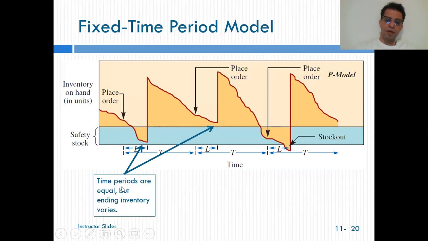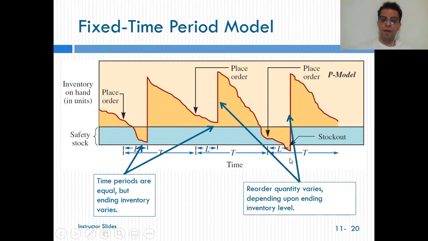So the time periods are equal, but the ending inventory varies. So every 3 months you check it, the time period is equal, and you have some safety stock. But if you notice here, they did not do a good calculation for safety stock. This is when you're out of stock, you're stocked out.